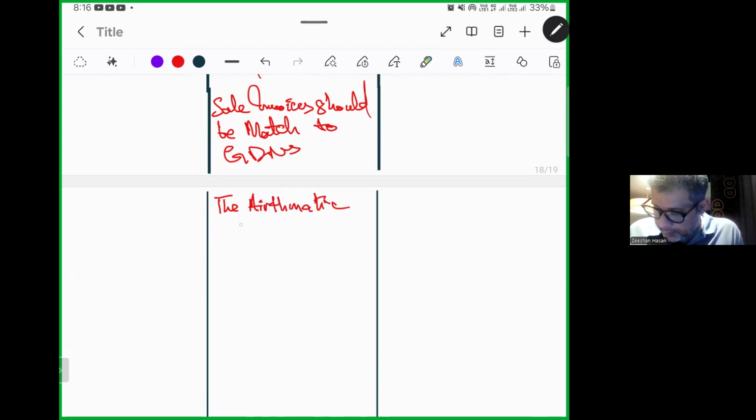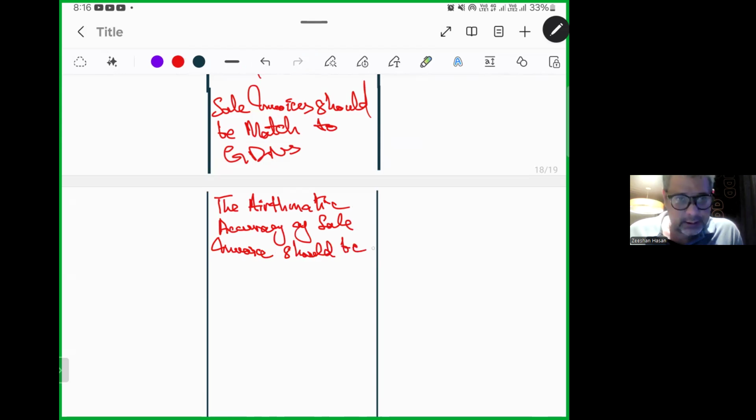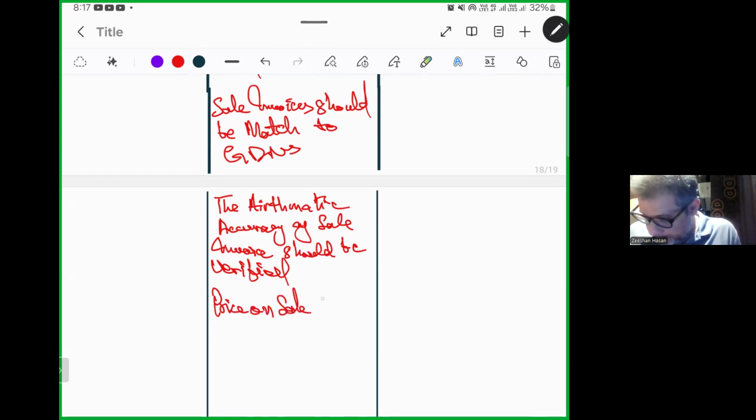Prices on sale invoices should be agreed to the price list.